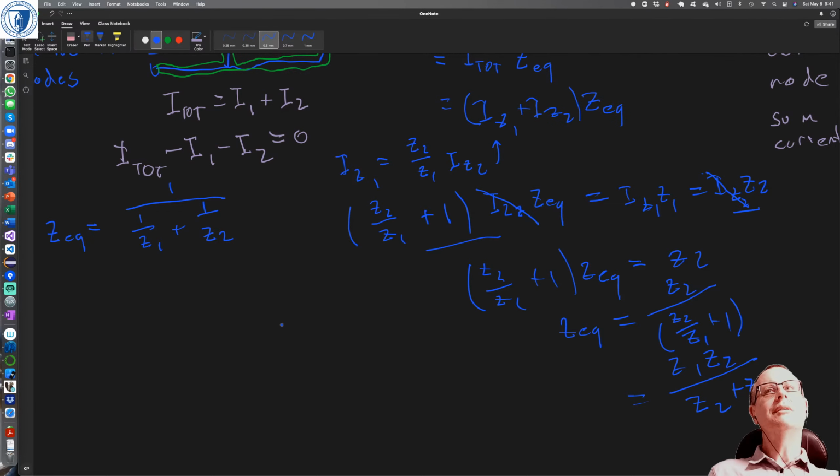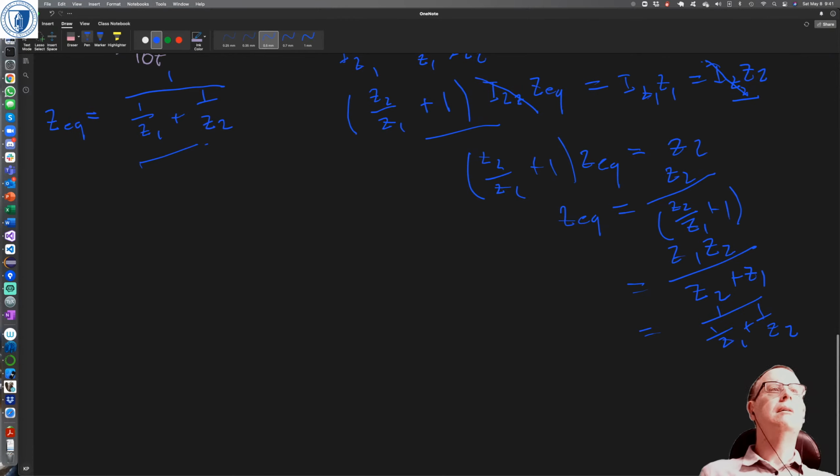And believe it or not, that's the same as that, right? We can now just divide top and bottom by Z1, Z2, and that gets us our parallel equation.